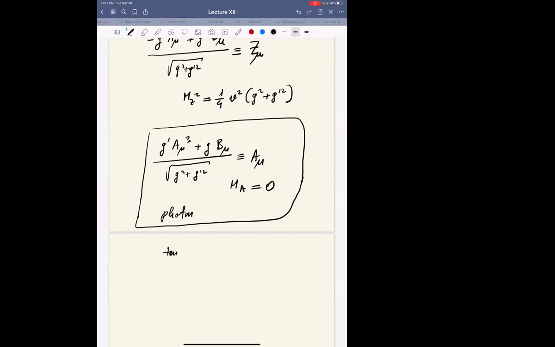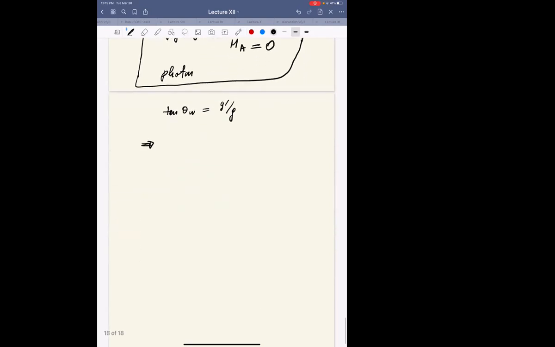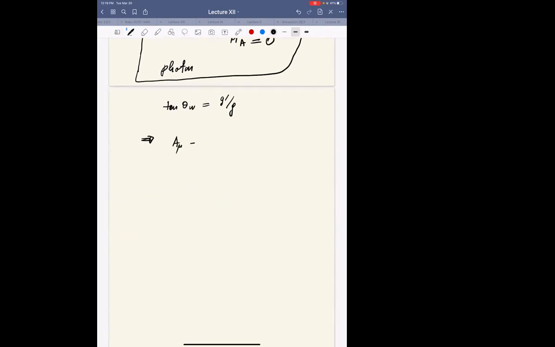Since tangent theta W is g prime over g, you can now write the photon as sine theta W A mu 3 plus cosine theta W B mu. This is the celebrated photon. The Z boson is orthogonal: minus cosine theta W A mu 3 plus sine theta W B mu. The overall sign is irrelevant.